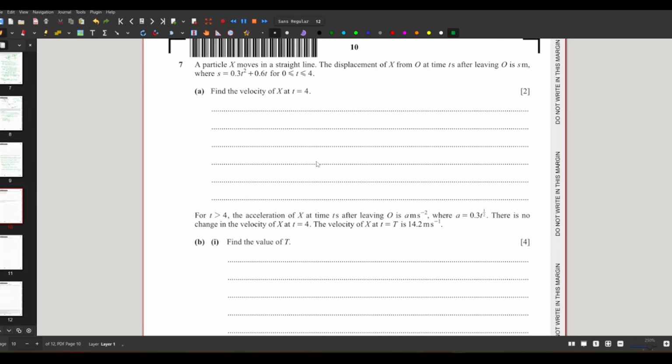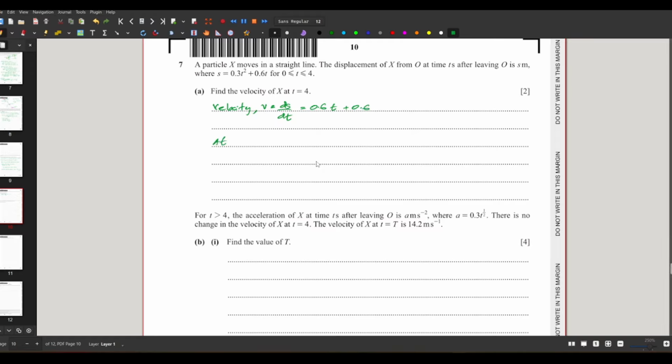So we know that when you have the displacement equation, then you can write the velocity v as the derivative ds over dt. So the derivative of s is 0.6 t plus 0.6.